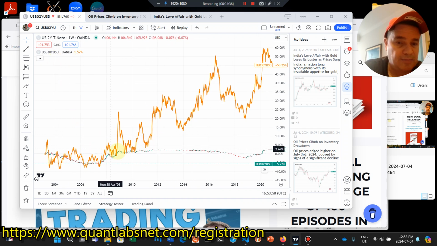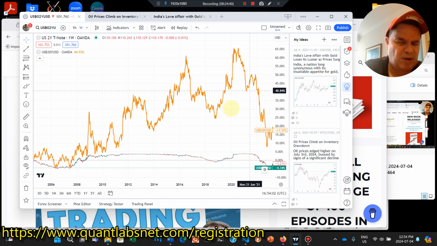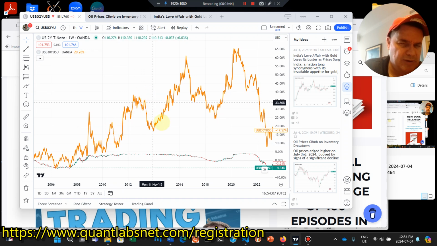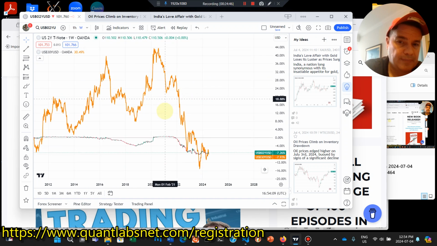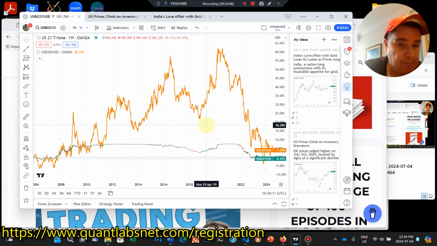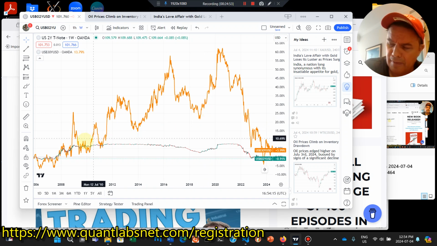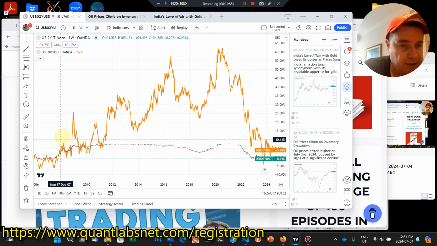Whereas the 30-year has been going crazy since 2010. It can be higher performing if you want to look at it that way, but with these drawdowns, that's crazy. That should not be happening at all between the 2-year note and the 30-year note.